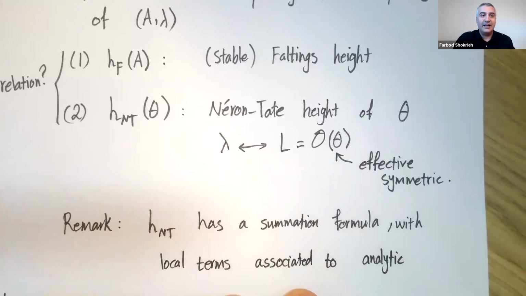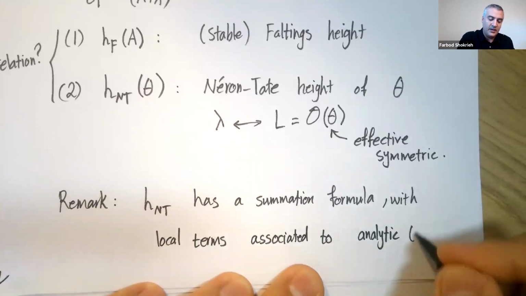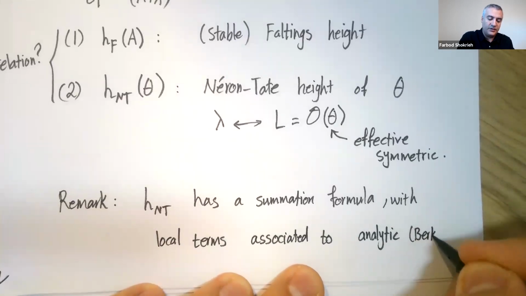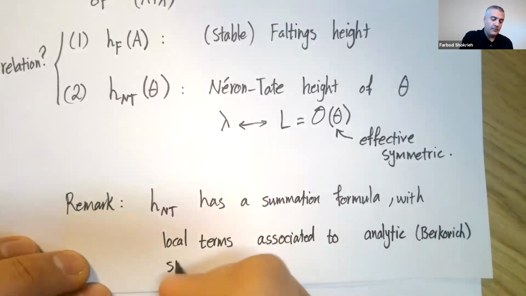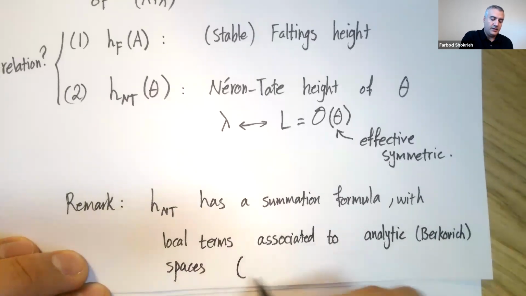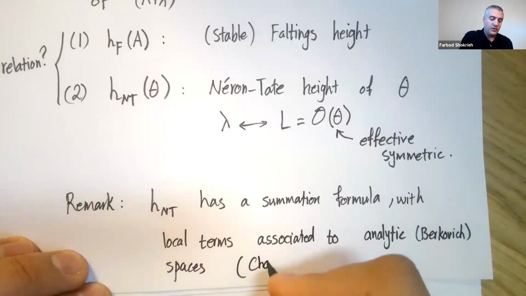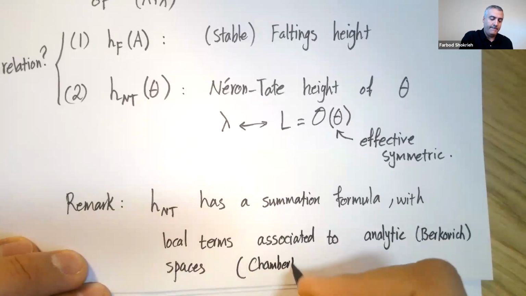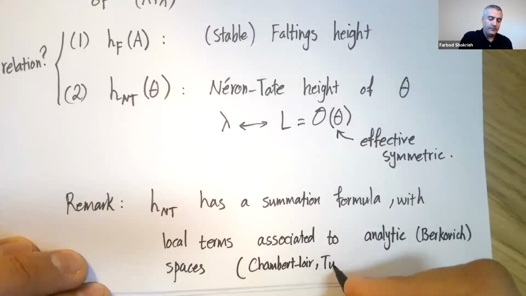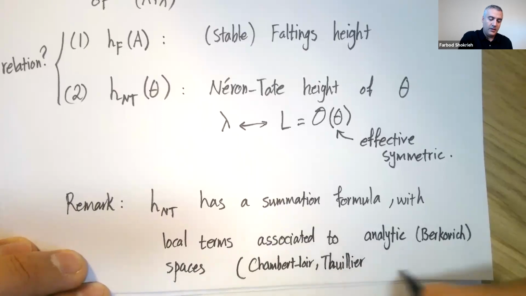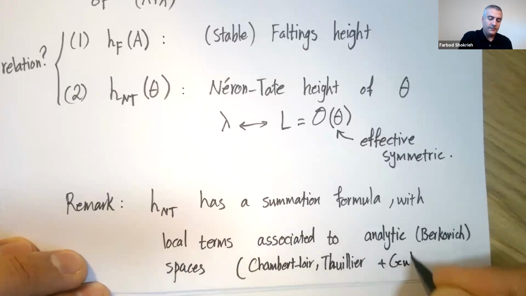This is the classical analytic spaces. Over finite places, these are Berkovich spaces. And this follows from the work of Chambert-Loir, Thuillier, and also the work of Gubler.